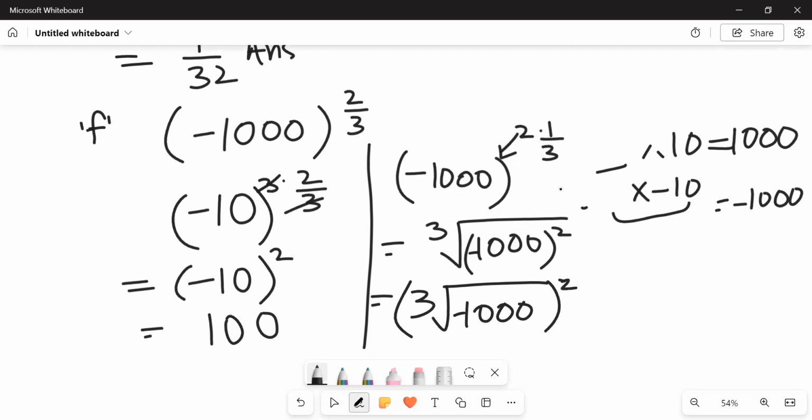This 2 can be written here, because this is the whole power of minus 1000. The same thing, these both are the same steps.